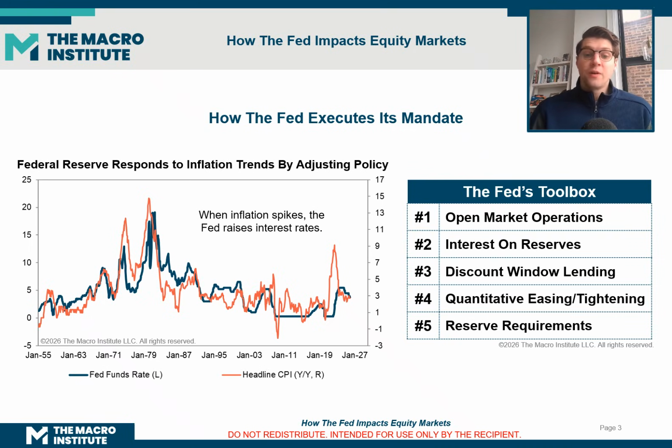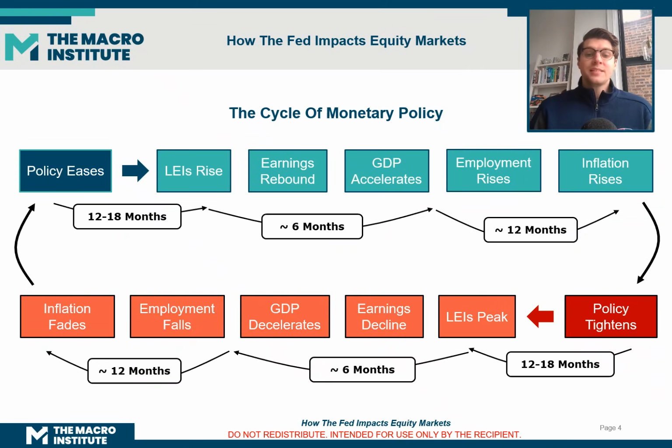And then on the flip side, when inflation is falling and becoming less of a concern, at that point, the Fed is generally more worried about the labor market, so they will decrease the federal funds rate alongside cooling inflation. And you can see this here in this cycle.